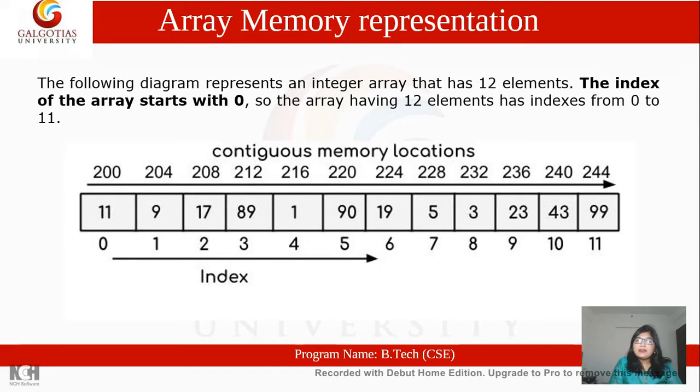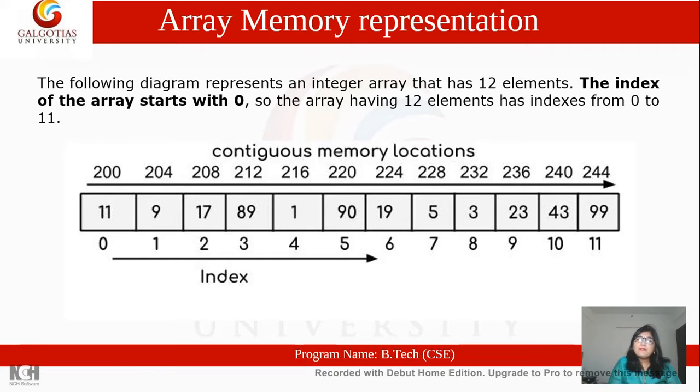The following diagram represents an integer array that has 12 elements. The index of the array starts with 0. Please mind, I have intentionally kept this line bold because it is a very important point to remember. So the array having 12 elements has indexes from 0 to 11.